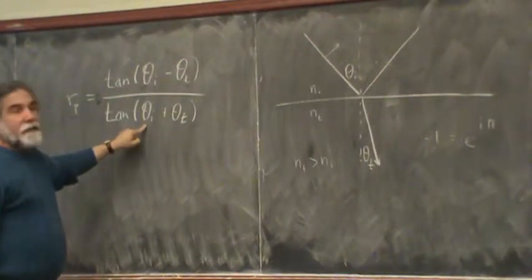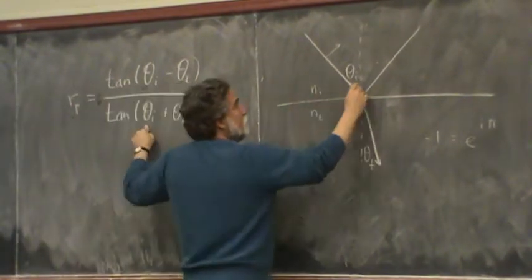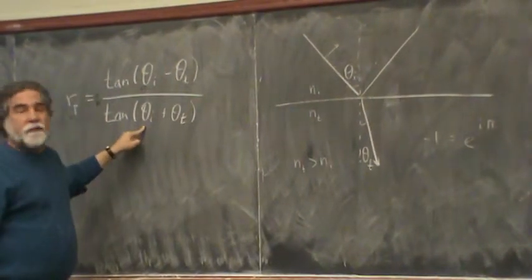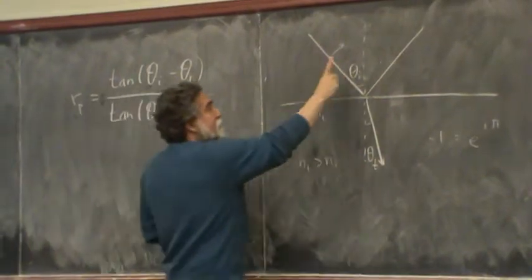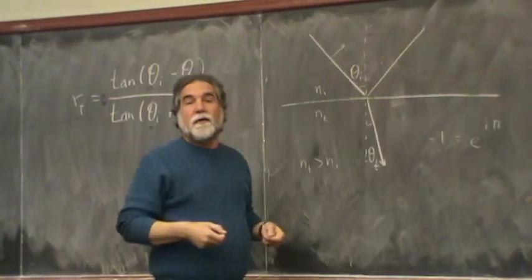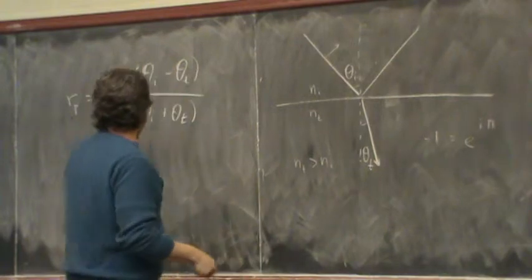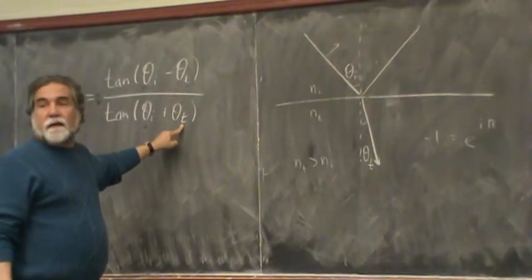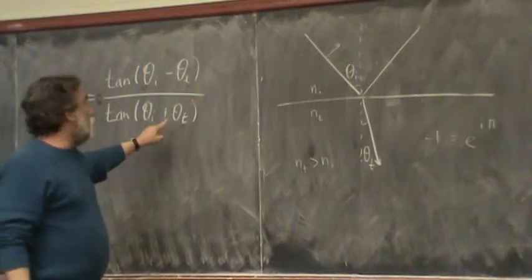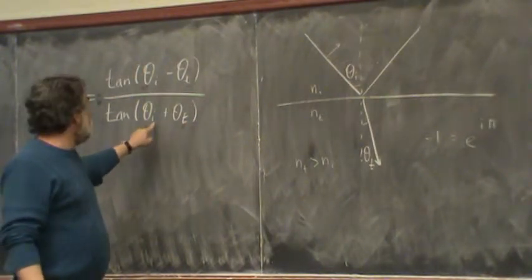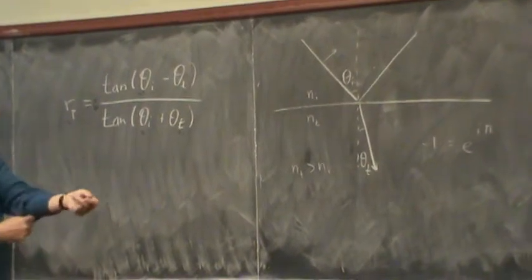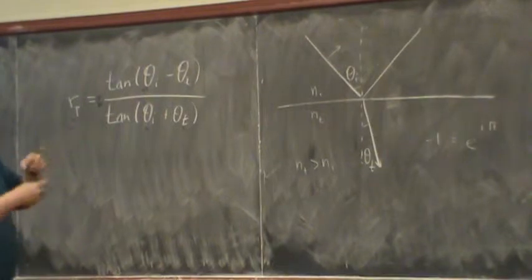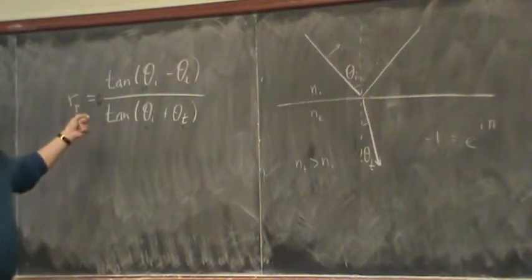This quantity here is the sum of those two angles. It's the sum of this angle and that angle, okay? For near normal incidence, that sum is going to be small. And so tangent of theta incident plus theta transmitted is going to be small. It's going to be positive because theta I plus theta t is small, so it will be positive. So it's positive over positive. The reflection coefficient, by that definition that we started out with, is positive.